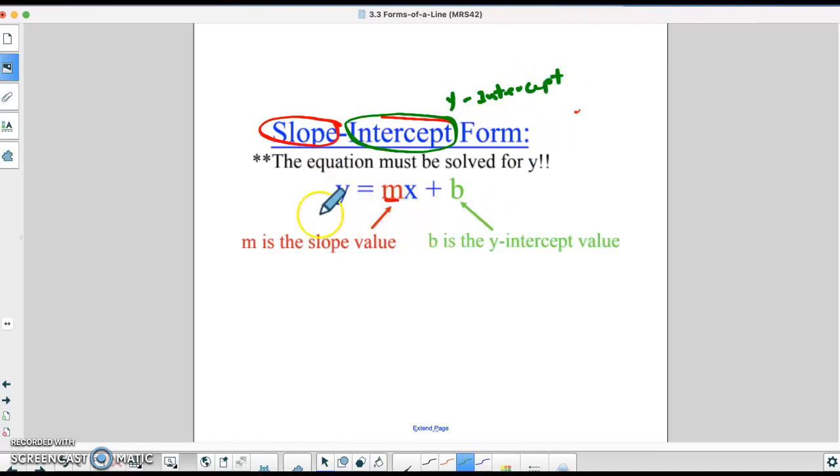Whenever they give us an equation in this format, we're able to tell the slope right away, and as well as the y-intercept.